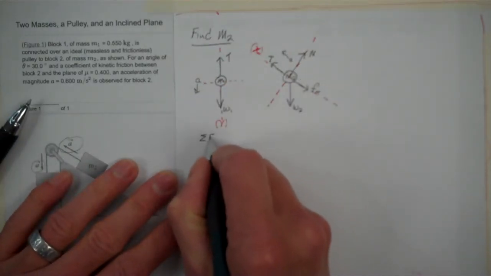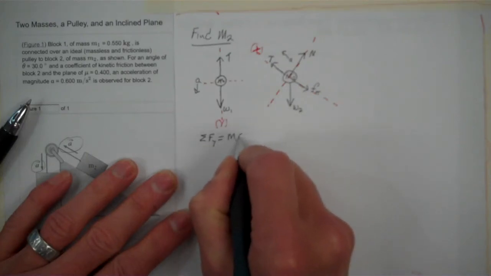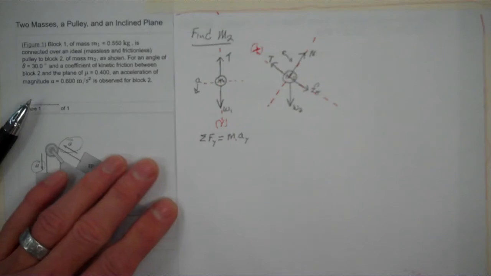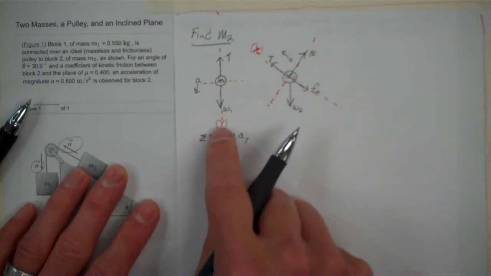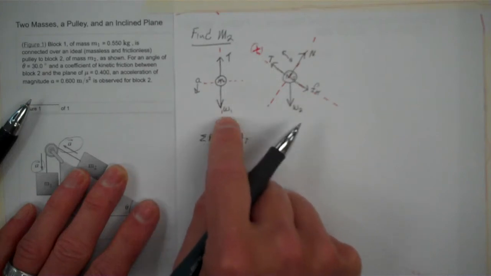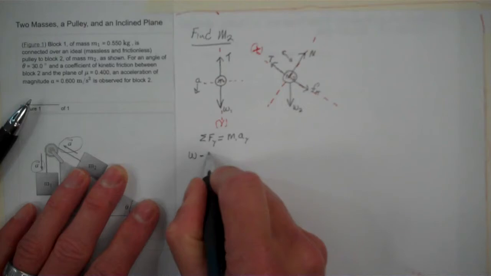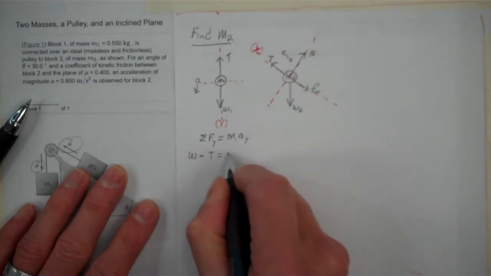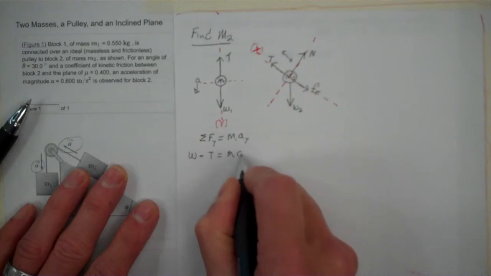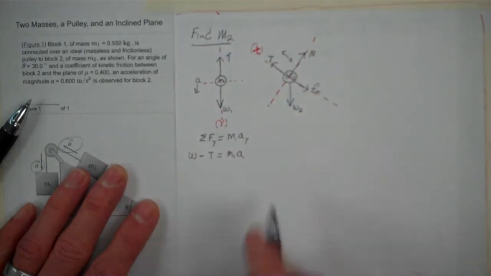Sum of the forces in that y direction is going to equal M1 times A in the y direction. Well, I have down as positive. I want it to match my acceleration. So that means I have W minus T, because the T is in the negative direction, is going to equal M1 times A, since AY is the only acceleration there is.